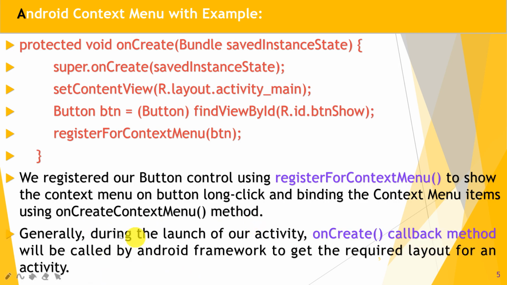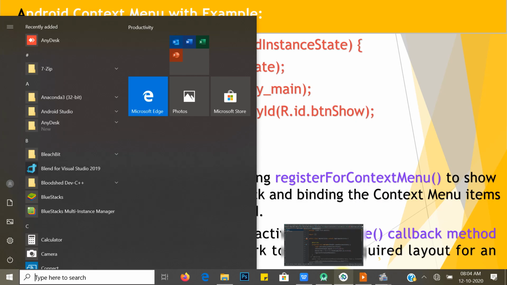Generally, during the launch of our activity, the onCreate callback method is called by the Android framework to get the required layout for an activity. Guys, hope you understand. So now it's time for creating our Android context menu using Android Studio. So let's move to Android Studio.